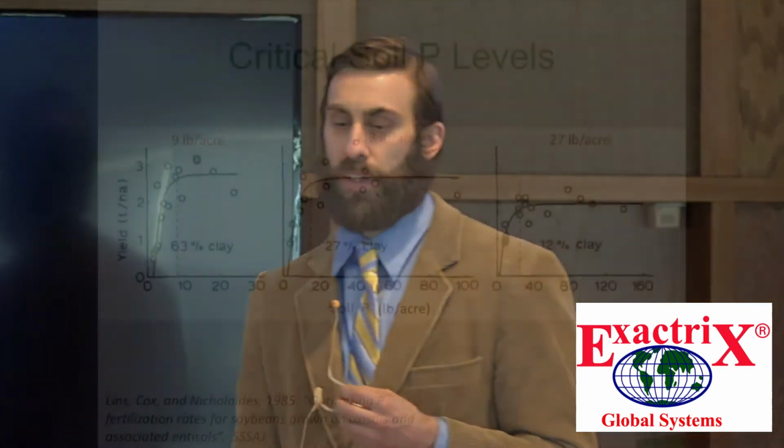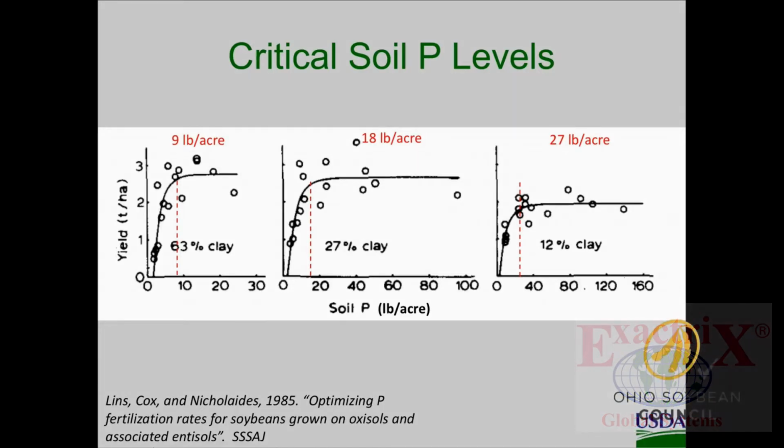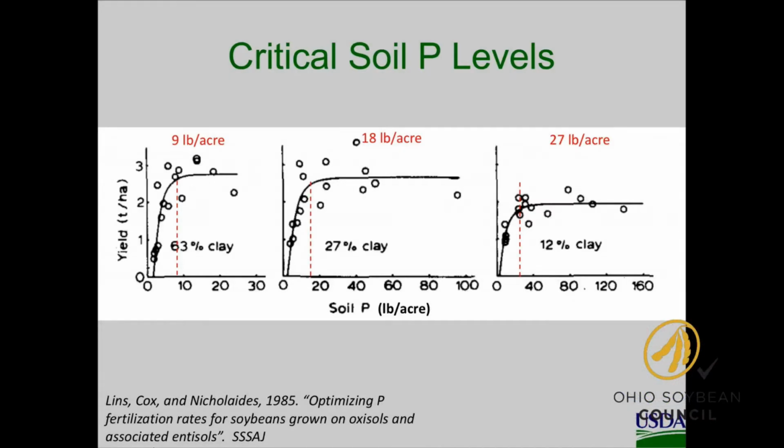As an example, some real data: three soils illustrating differences in the critical level as a function of clay content. So again, we have yield on the y-axis, yield as a function of soil test phosphorus. This is Mehlich 1, from North Carolina. In the first example, the high clay soil critical level is around 9 pounds per acre.